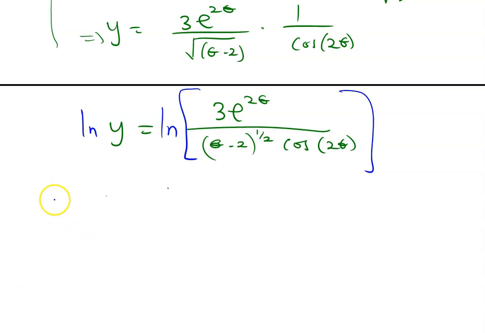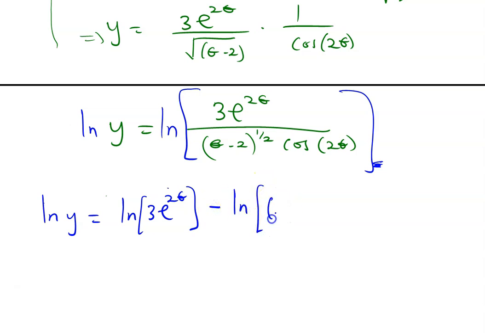So length y, before we even differentiate length y, we can split this one also into their simplest form. So let's do that. We can see that length y is equal to length of bracket 3e^(2θ), very good, then minus length of (θ minus 2) to the half times cos 2θ.